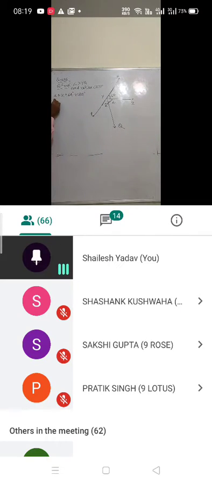So 2X equals 180 degrees minus 64 degrees, as 64 is transferred to the right side. If you subtract, it will be 116 degrees. Then X equals 116 degrees upon 2, that is 58 degrees. So you got the value of X as 58 degrees.